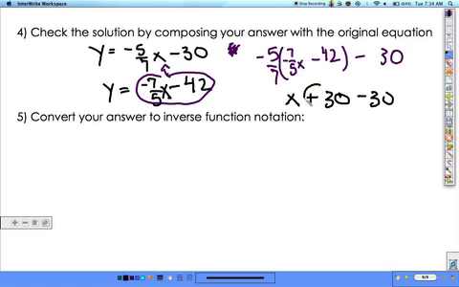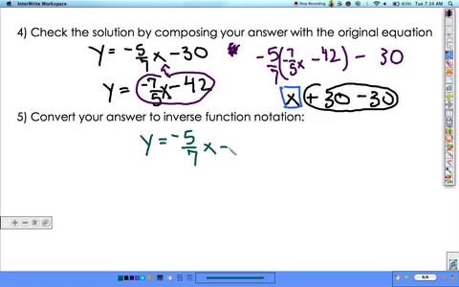And when I combine like terms, all I'm left with is x. So that works. And the last thing I want to do, because now I'm positive that this is the inverse function, is take my inverse function, which is y equals negative 5 over 7 x minus 30, and rewrite it in inverse function notation.